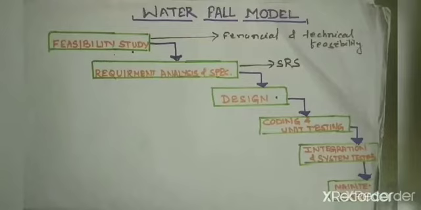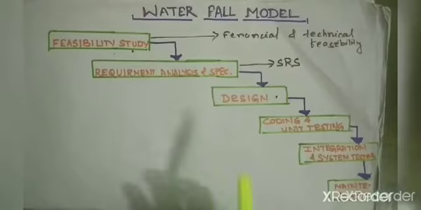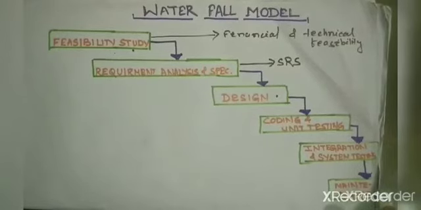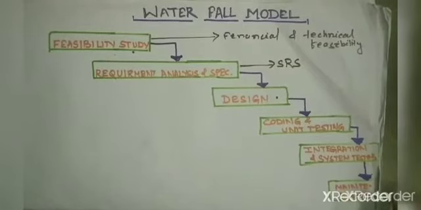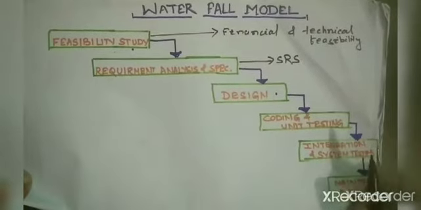So we have to go back and rectify them, but the waterfall model doesn't allow this. So there is a model called the iterative waterfall model. The iterative waterfall model is the same as the waterfall model with a feedback path. Let's discuss this iterative waterfall model.